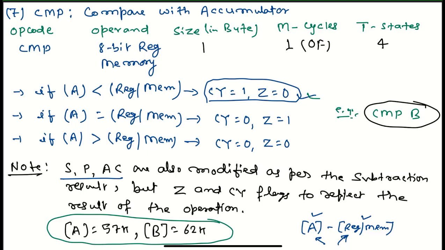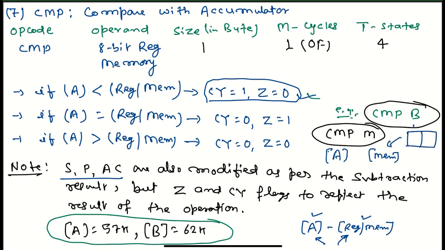Now if I am writing here as instruction CMP M, so here what it is going to perform, it is going to perform that accumulator content is going to be compared with the content of memory location whose address is held by HL register pair.